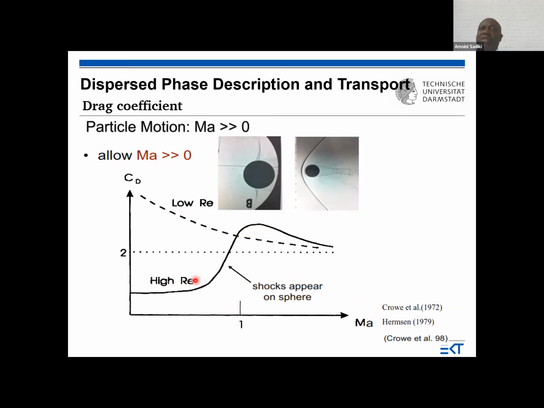We can say there are not really discontinuities, but we have a sharp augmentation of CD due to the shock which appears and which introduces an interaction between the flow and the particle, because there is the presence of shock.